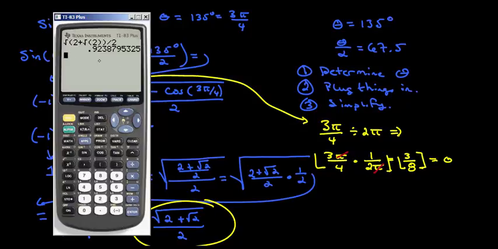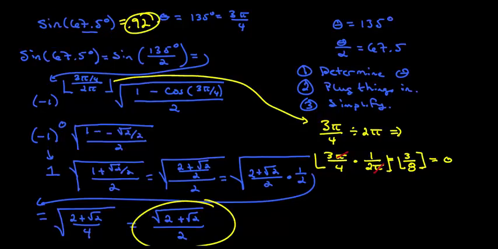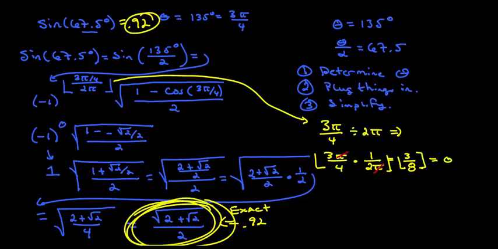We get 0.923, which is our 0.92. So this value here is the exact value. Here we've got the exact value of the sine at 67.5 degrees.